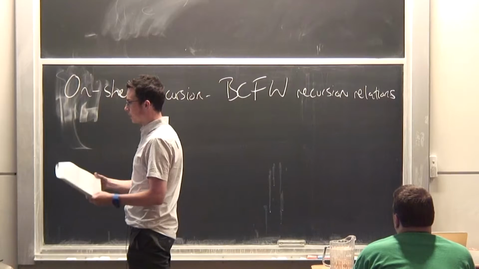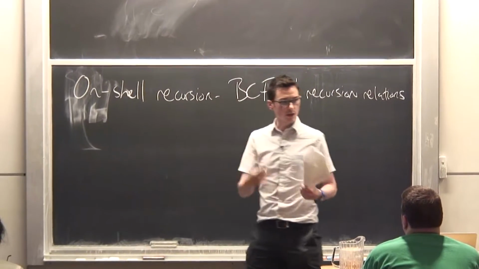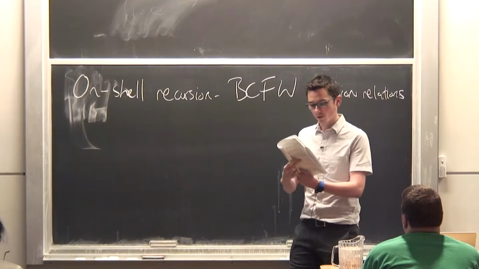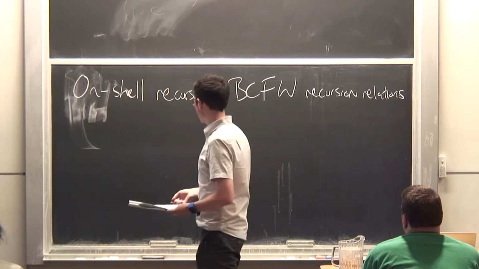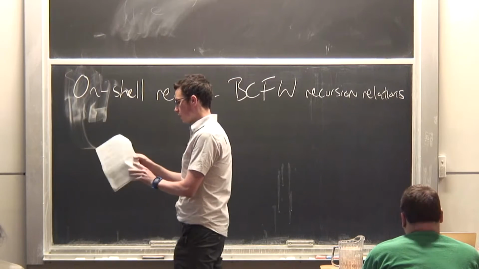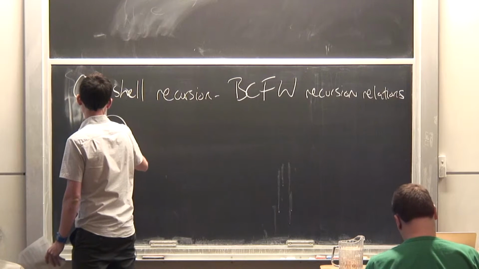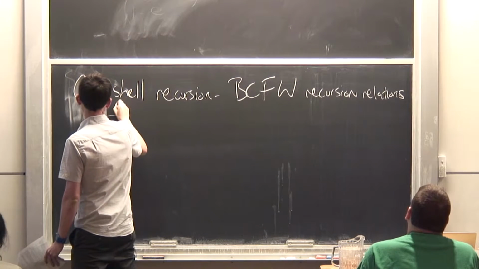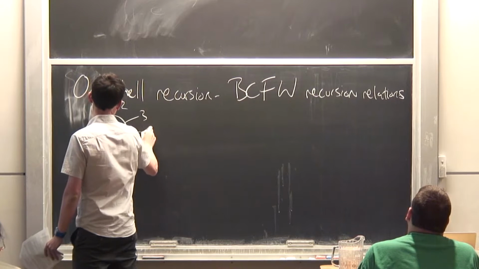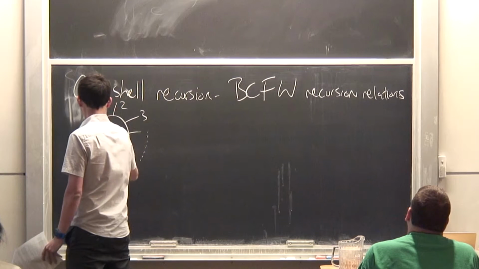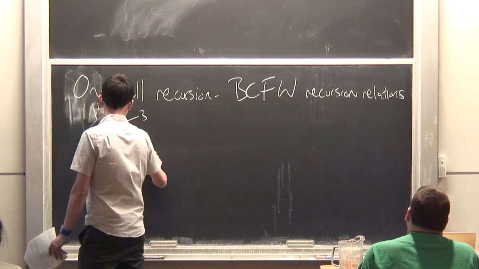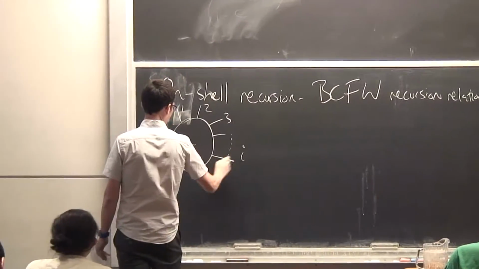We're going to use a bit of complex analysis and the universal factorization of tree level amplitudes, which we'll come to in a minute, but we'll start with the complex analysis. Imagine we have some n-point amplitude with lots of massless legs sticking out of it, all the way around to n.